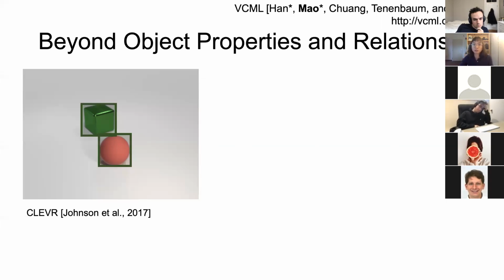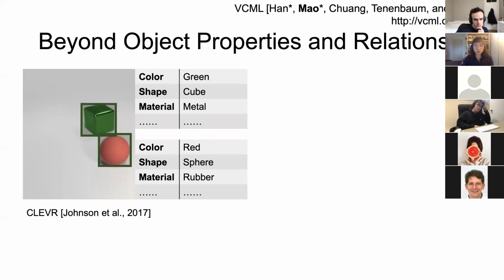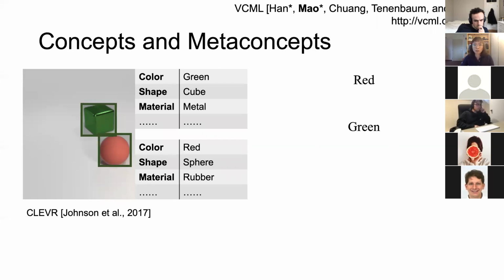Humans learn their knowledge about concepts through visual experience. Going back to the very first example shown in our slides, we can recognize the objects and their properties such as colors, shapes and materials. But it is worth mentioning that beyond just visual recognition, humans could also understand the underlying relationship between concepts.